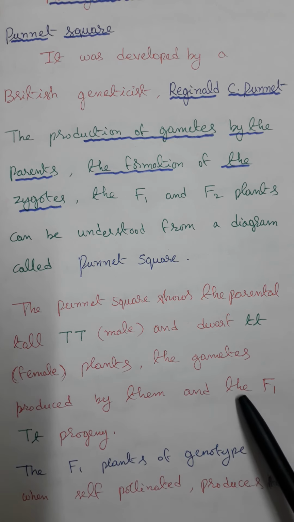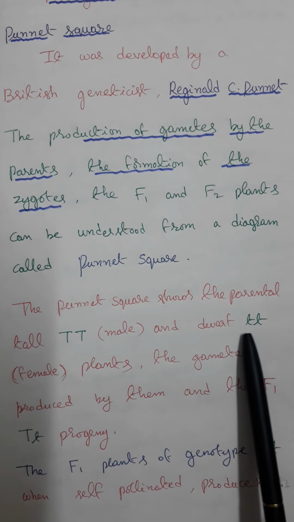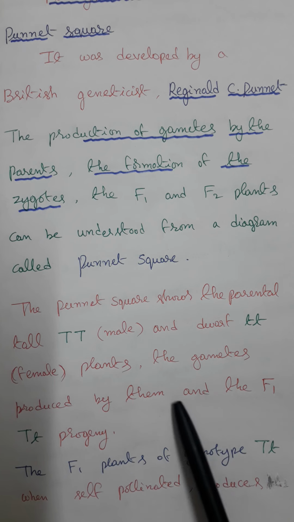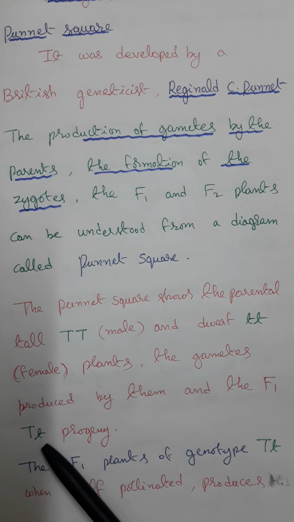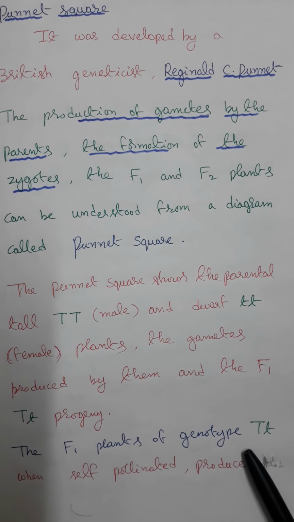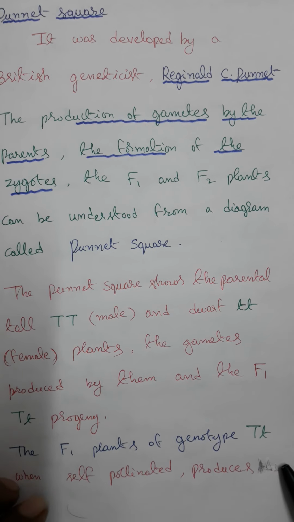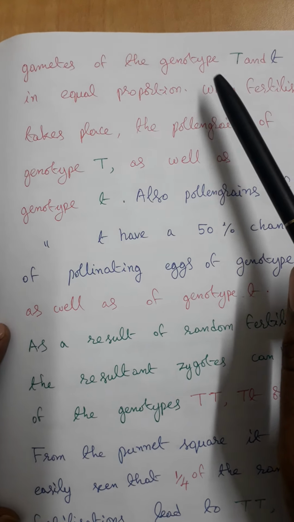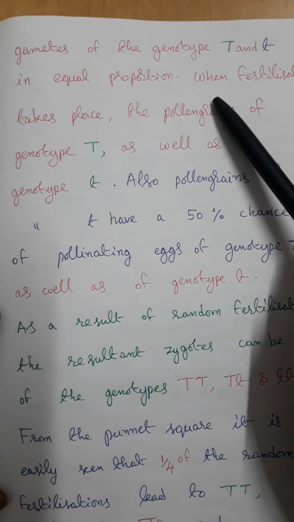So, if the tall parental plant is crossed with a dwarf parental pea plant, the F1 progeny form. The F1 progeny consists of genotype capital T small t. The F1 plants of genotype capital T small t, when self-pollinated, produce gametes of genotype capital T and small t in equal proportion.